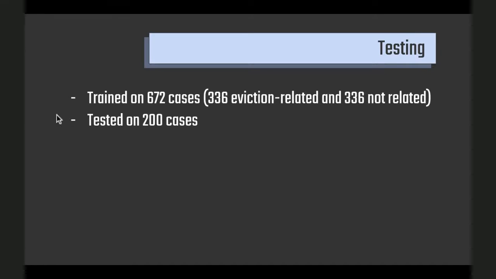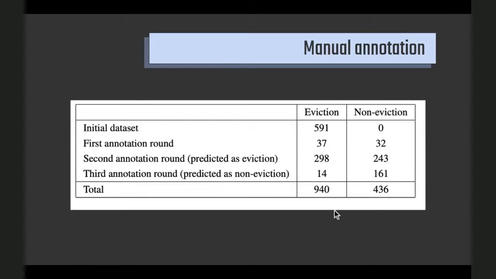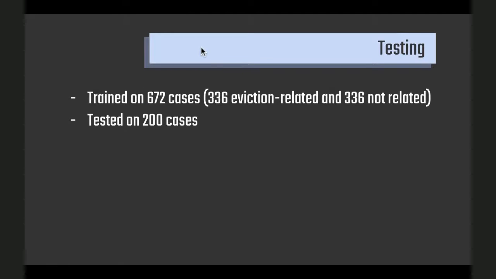So now we were able to train our system on 672 cases. This is different from this number because we needed some cases to test on, and we also wanted to have the same amount of eviction-related cases and not related cases in our data set in order for the system to be able to learn those things equally.